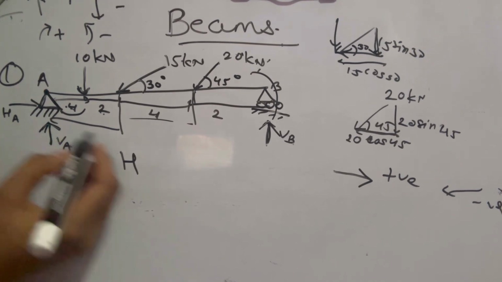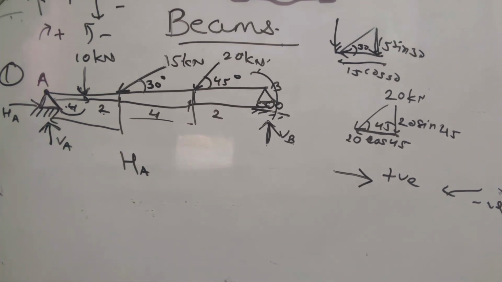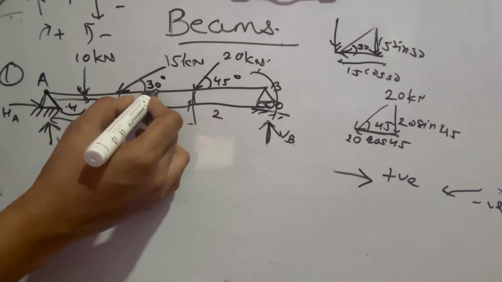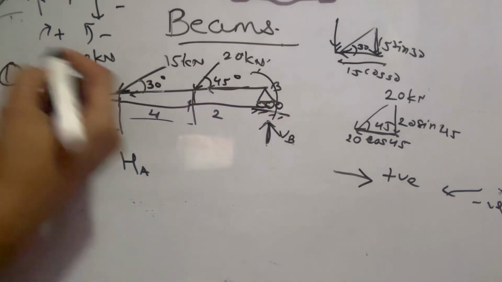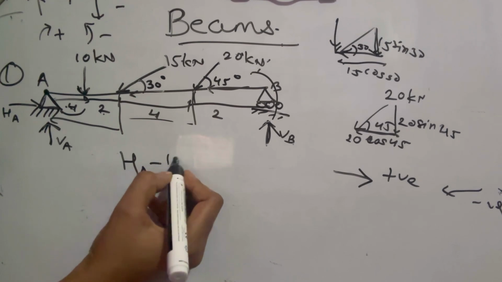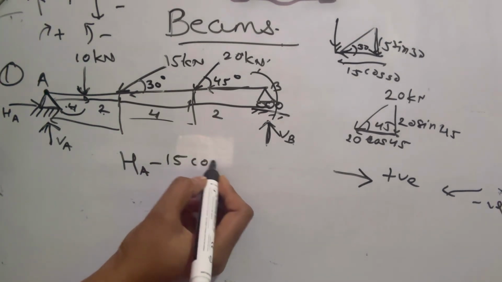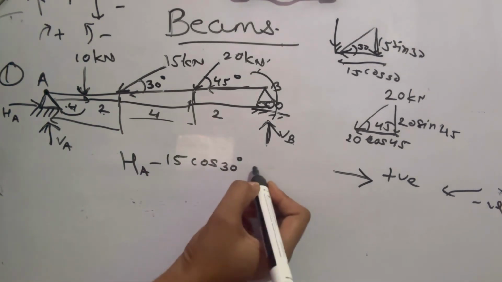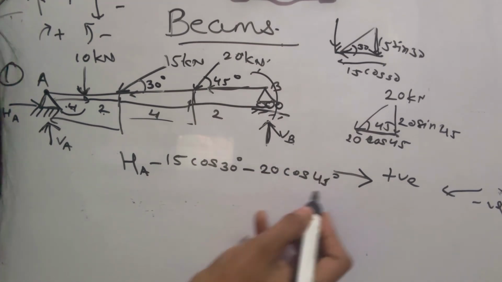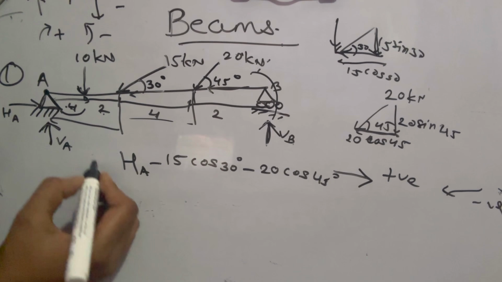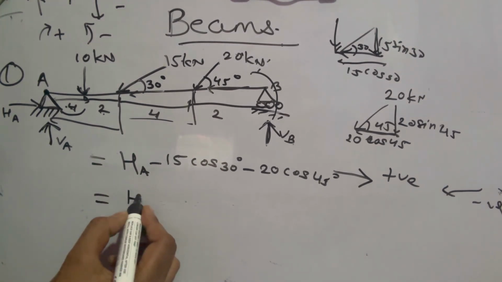Now HA, and both these reactions are coming this way. So minus 15 cos 30 minus 20 cos 45.